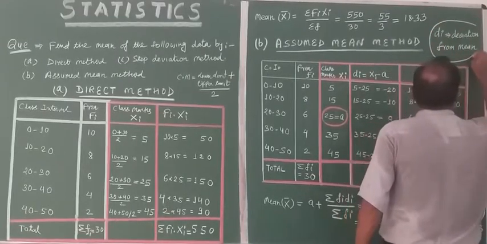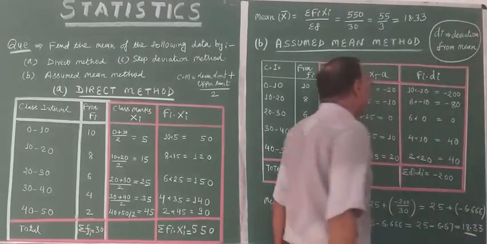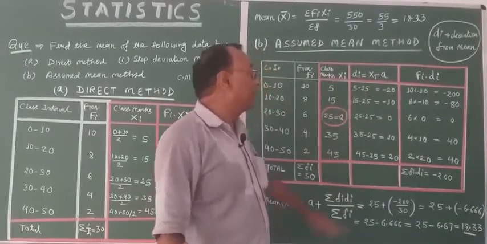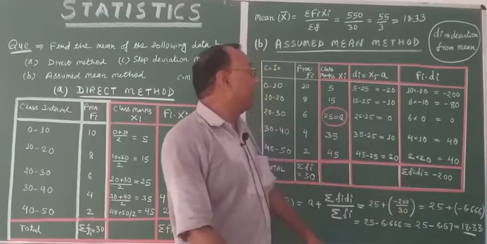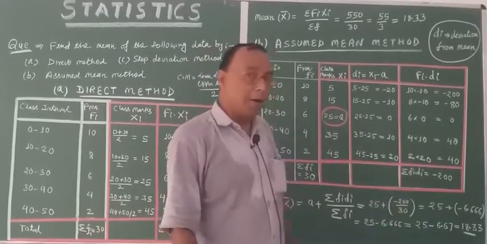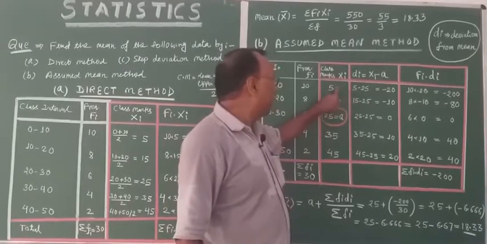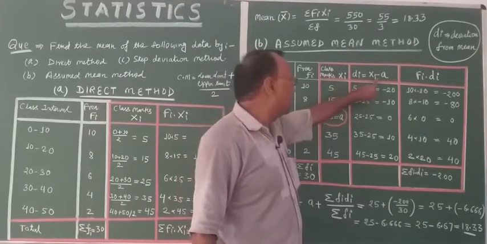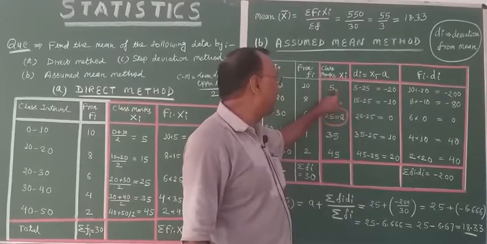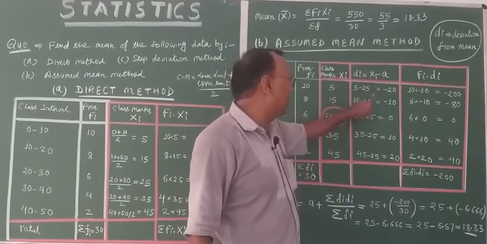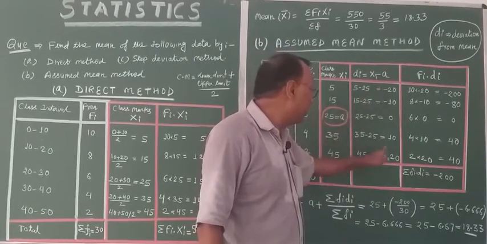This is the deviation from the mean, okay. It is the deviation from the mean of class marks. So is it okay? d1 means x1 minus a, 5 minus 25. d2, x2 minus a, 15 minus 25. And in this way we will complete this column.